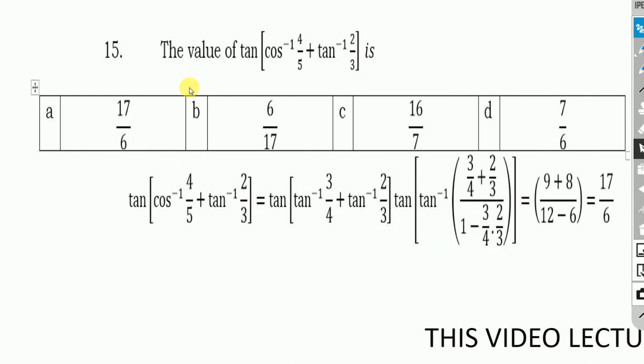Next, the value of tan of cos inverse of 4 by 5 plus tan inverse of 2 by 3 is equal to, option A is 17 by 6, option B is 6 by 17, option C is 16 by 7, and option D is 7 by 6.